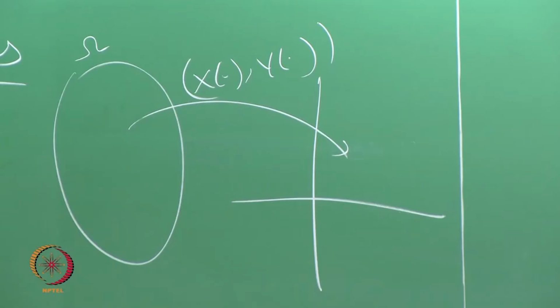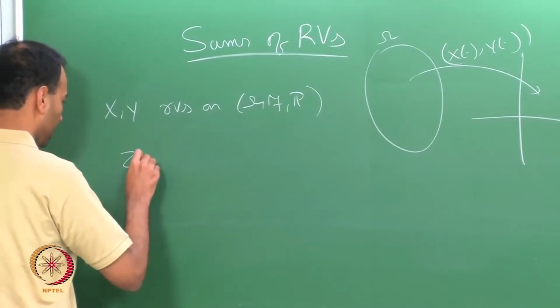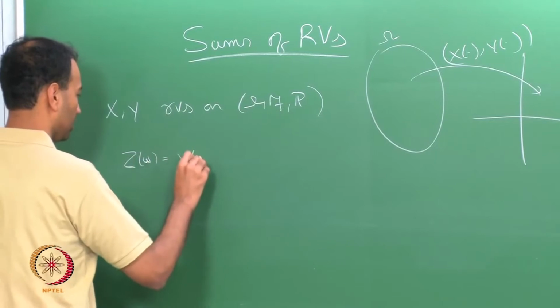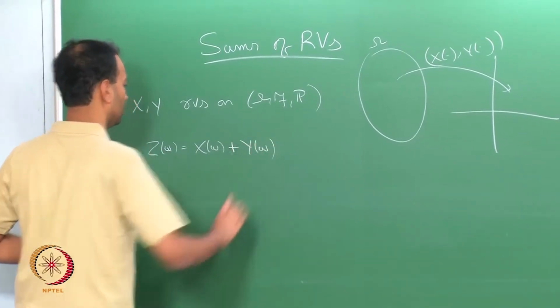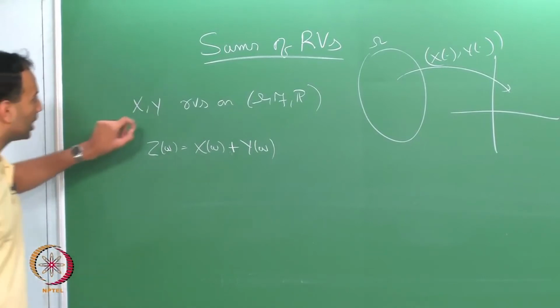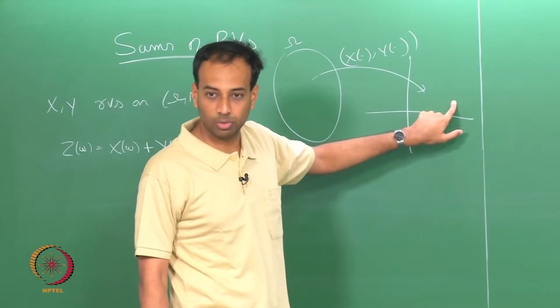Now, the question is, if I define z of omega equal to x of omega plus y of omega, right. So, for every omega, (x of omega, y of omega) is a pair of real numbers, a point in R 2.